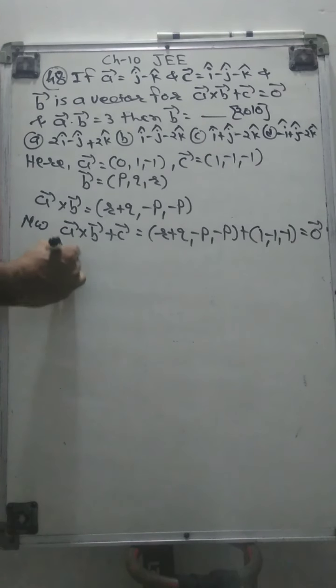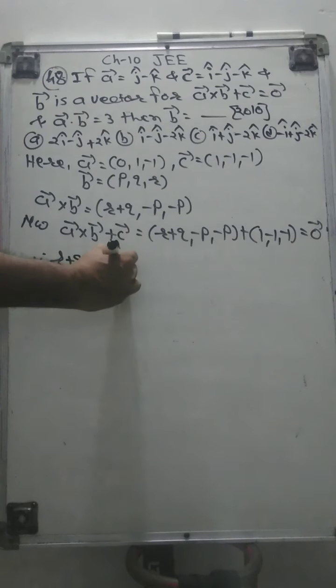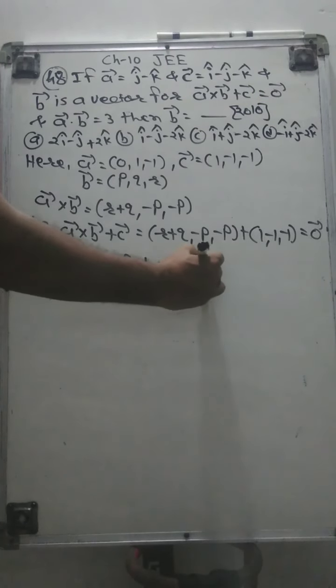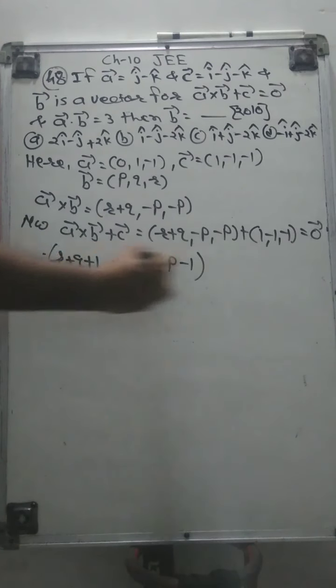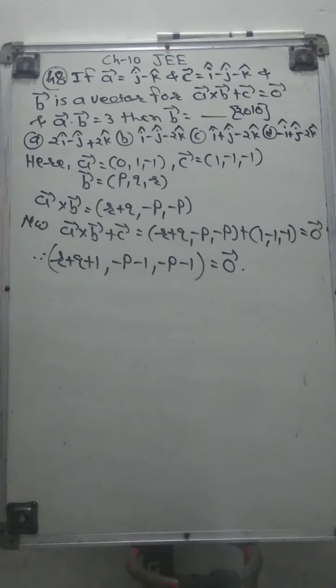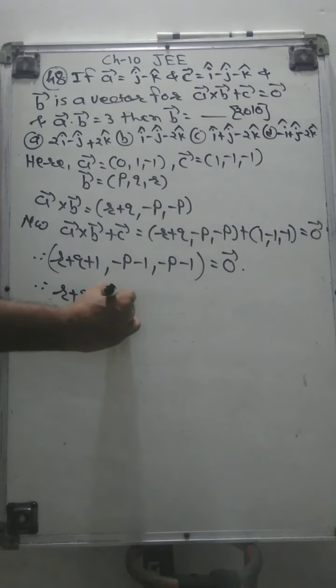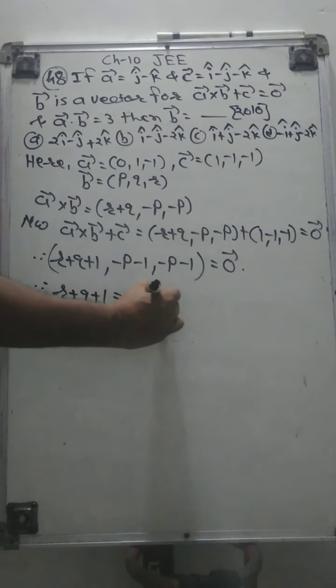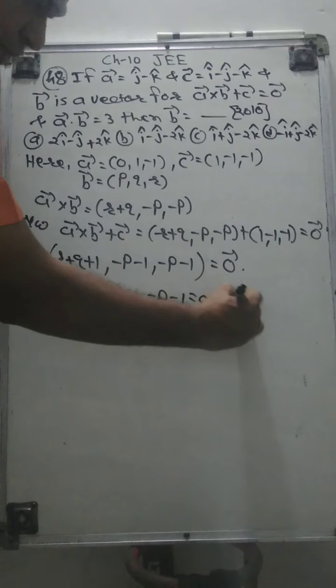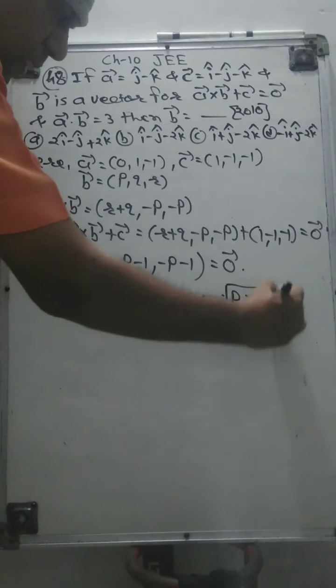Therefore, r plus q plus 1, minus p minus 1, and minus p minus 1 is equal to 0 bar. Okay, and therefore r plus q plus 1 is equal to 0. Minus p minus 1 is 0, it means p equal to minus 1.